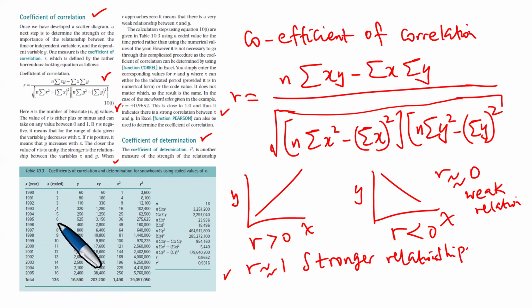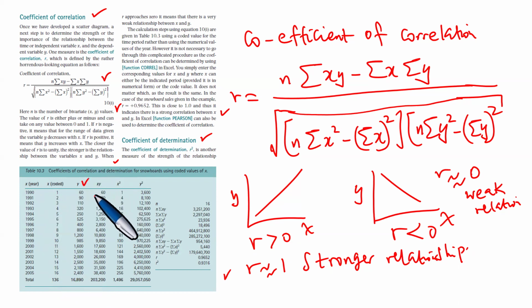Because X coded allows us to code the time, we can compute the total: 1 plus 2 and so on up to 16, which is 136.